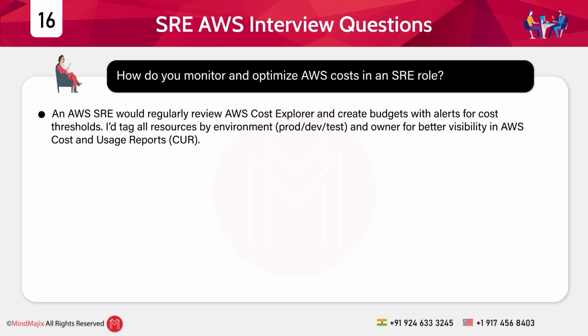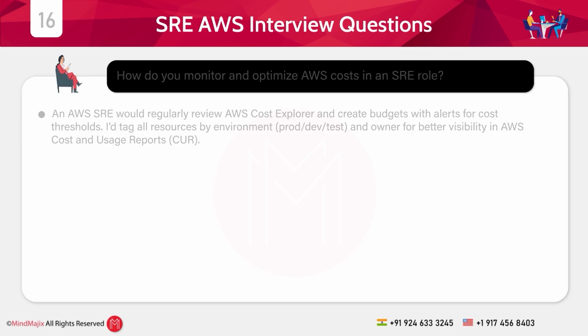Using Savings Plans and Reserved Instances for predictable workloads can reduce costs significantly. Apart from that, you can also set up AWS Trusted Advisor to recommend right-sizing instances, eliminating unused volumes, and optimizing storage tiers. In real time, CloudWatch metrics can show if over-provisioned resources are causing unnecessary expenses.